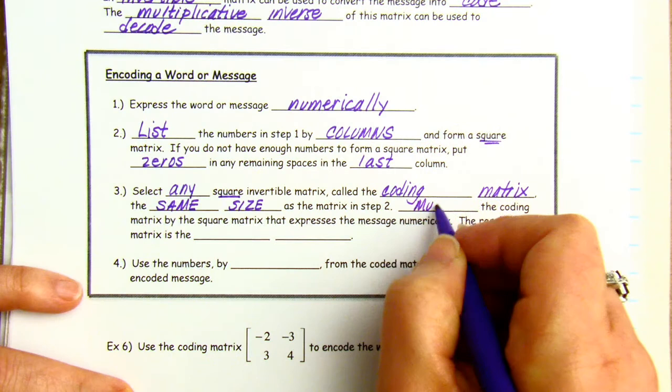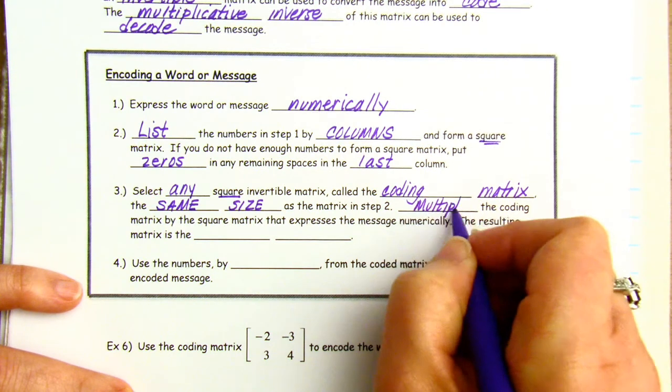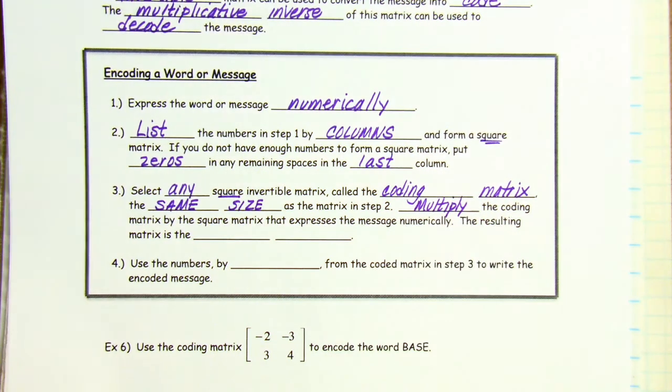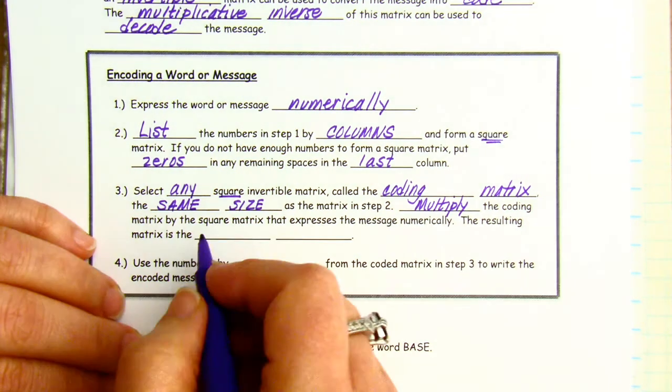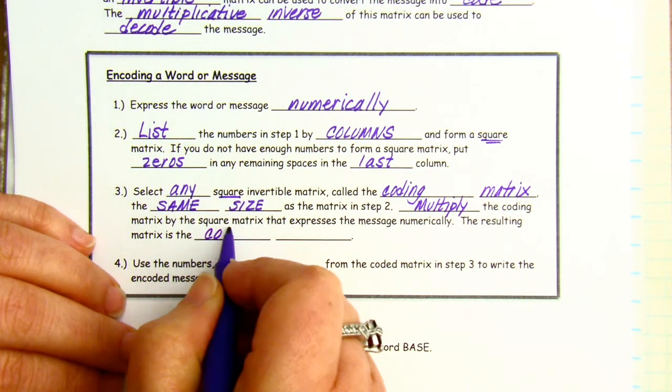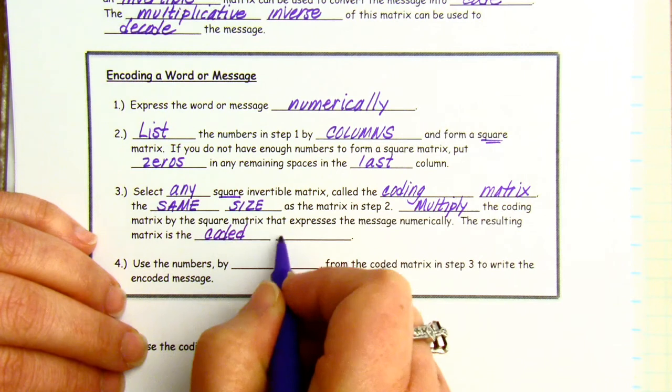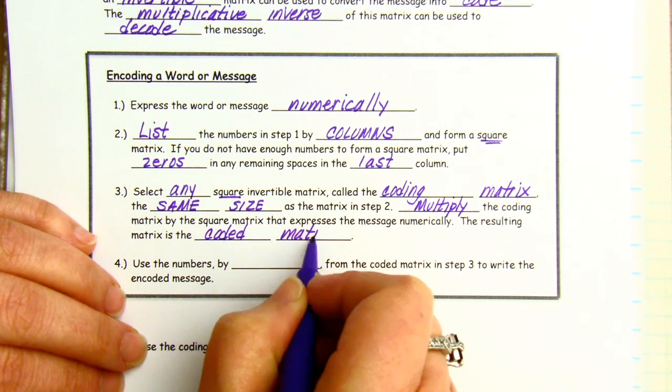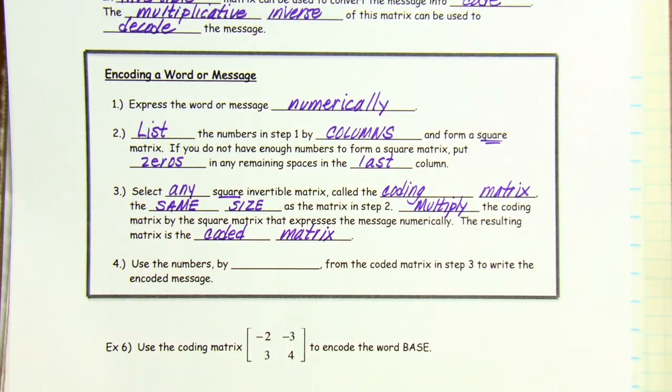Multiply the coding matrix by the square matrix that expresses the message numerically. The resulting matrix is the coded matrix. So by doing that, you scramble the message.